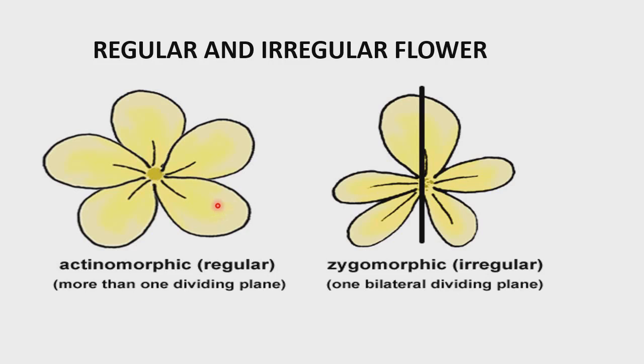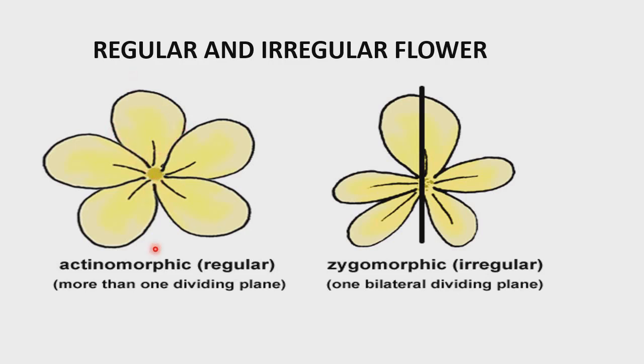So here now we have a regular flower. The major attribute of a regular flower and an irregular flower is based on how you can cut them. One, regular flowers have the same shape; the petals and the sepals are of the same shape. And again, you can cut them in any plane.